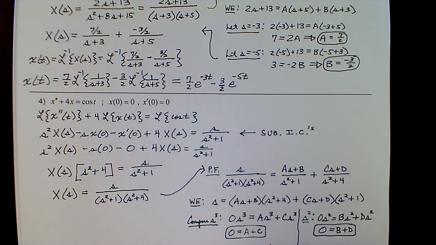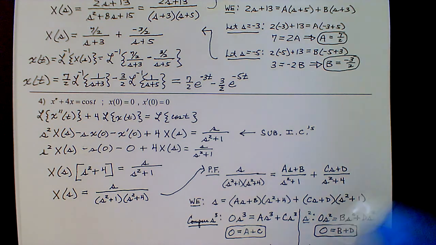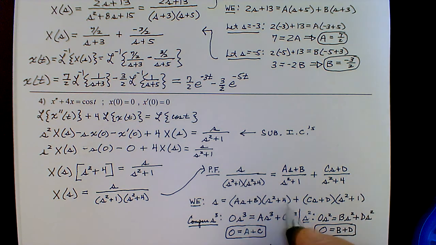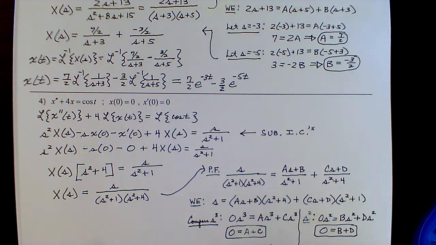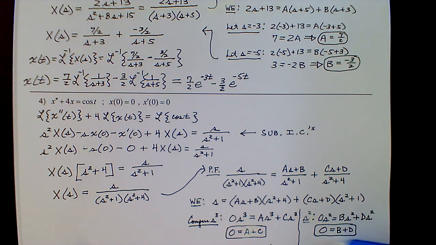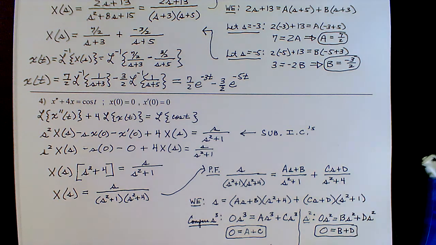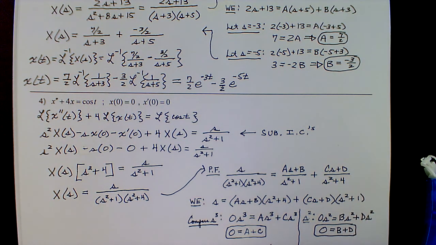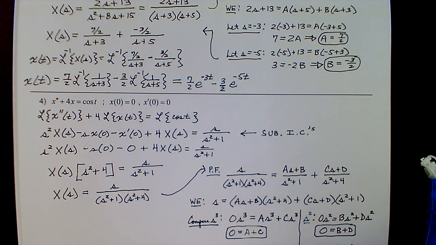And then finally comparing the reals, or the constant terms. There's no constants on the left with the working equation, so 0 equals, on the right, b times 4 or 4b, and then plus d times 1 or d.